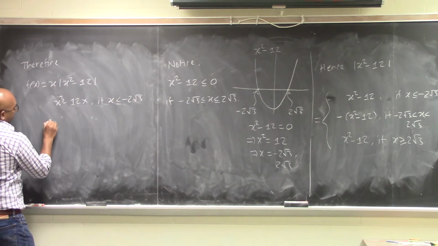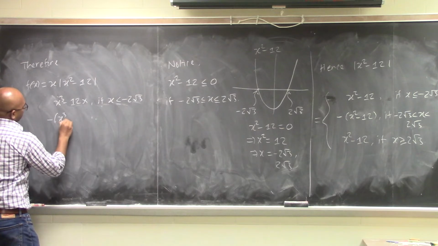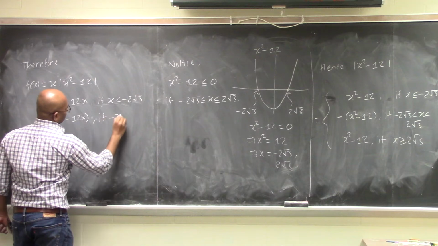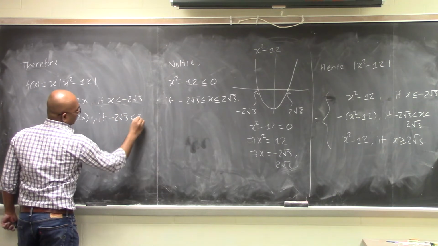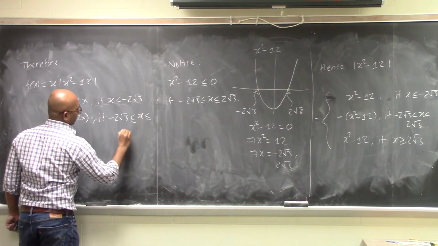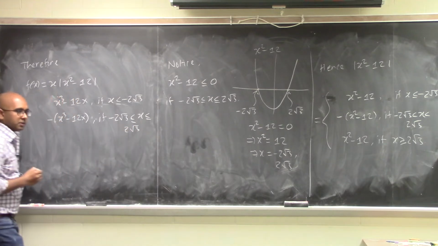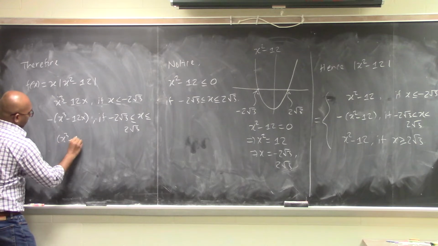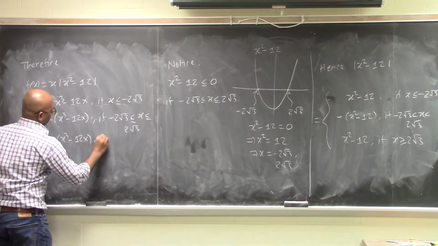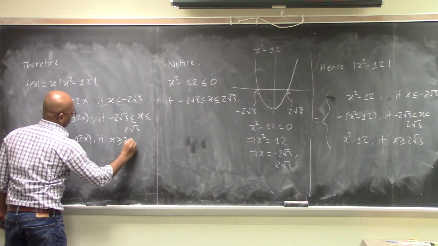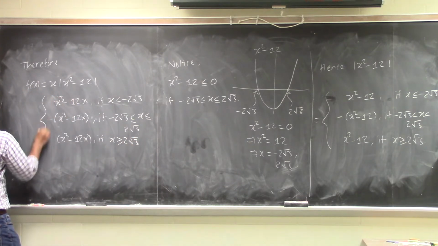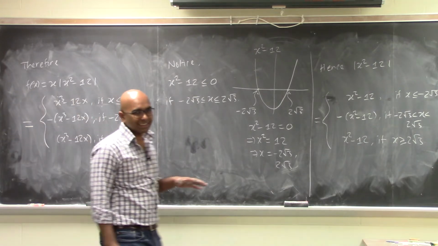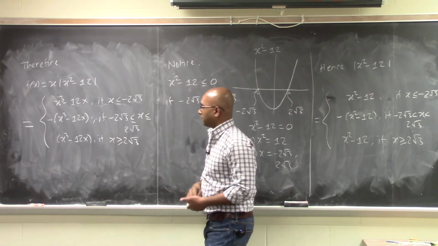And this is negative times x cubed minus 12x if x is between negative 2 square root of 3 and positive 2 square root of 3. Okay. And finally, this is the same thing, x cubed minus 12x if x is bigger than or equal to 2 square root of 3. So that's my function f. Okay. So that was step 0. We just simplified this function.